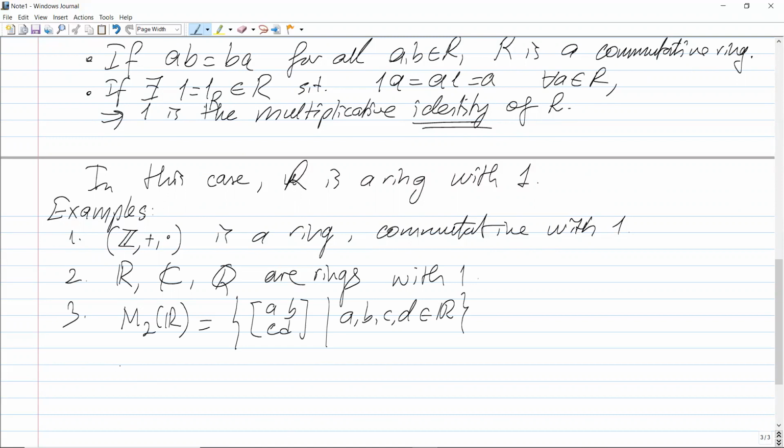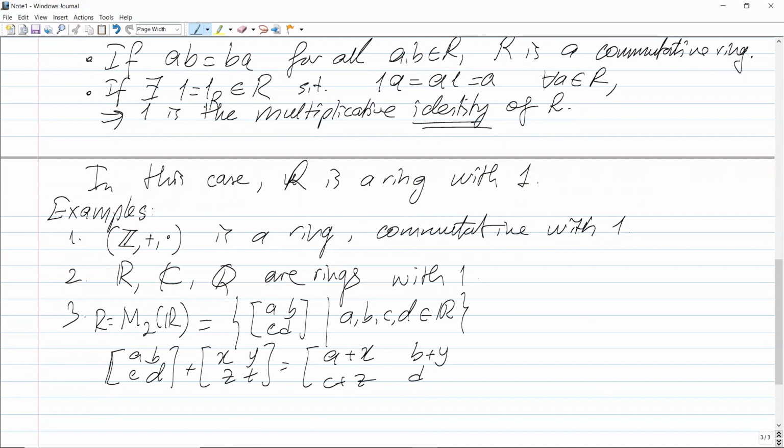There is an addition in this set, let's call it R. In this R, we have the usual matrix addition: (a, b, c, d) plus, let's say, (x, y, z, t) is (a plus x, b plus y, c plus z, d plus t).